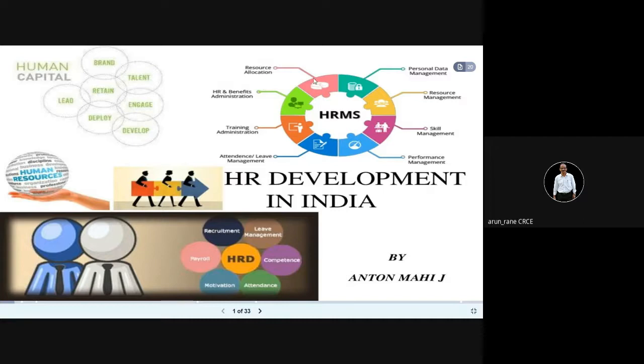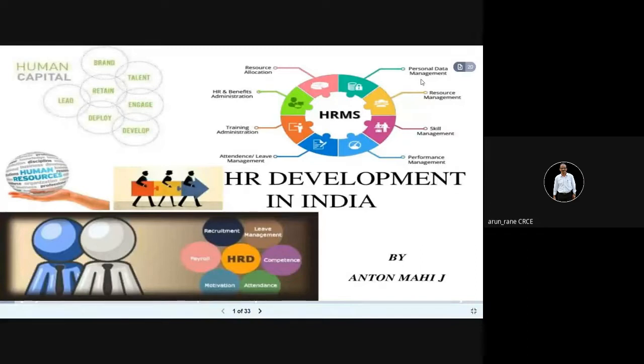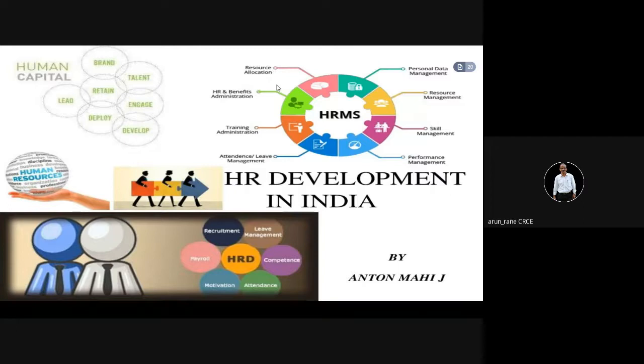So these are the functions of human resource management: training, administration, attendance, leave management, performance management, skill management, how to use the resources, personnel data management, and even how to allocate the resources to the production team.